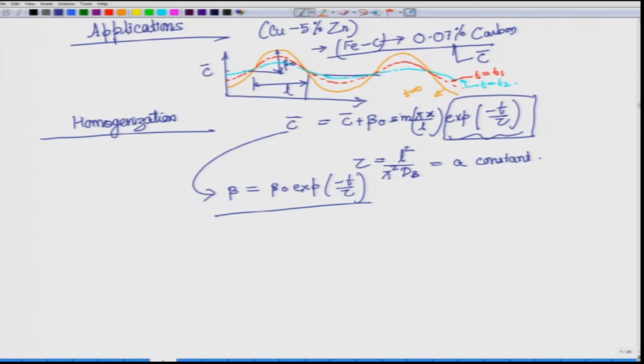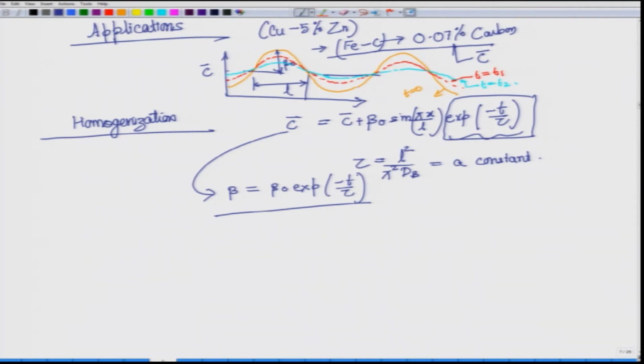So, in this particular problem, the way we have framed it, what is changing is not only the amplitude, but that itself is now making the concentration homogeneous. Here you can imagine the variation was from plus beta naught to minus beta naught, and that has changed to a much smaller quantity. Let us say it is 1/4 of beta naught to minus 1/4 of beta naught.